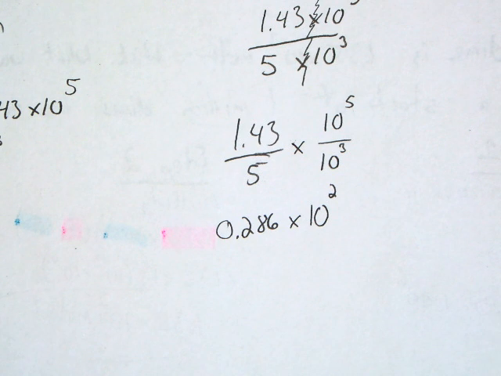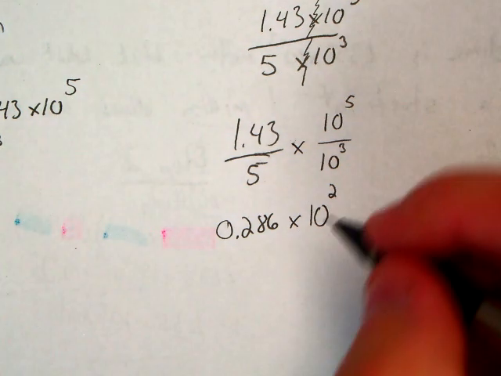Now, in this case, it would make sense to put this in standard form, because when we think about how much bigger things are, we don't say, oh, it's 2.86 times 10 to the first times bigger. We would convert this to standard form.